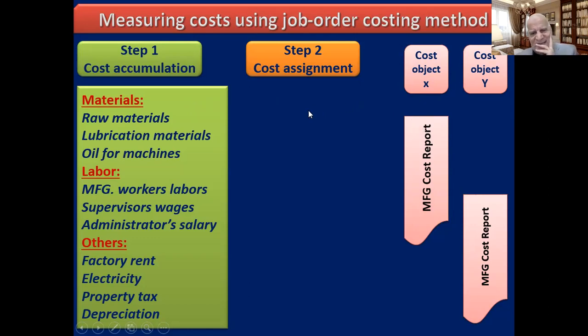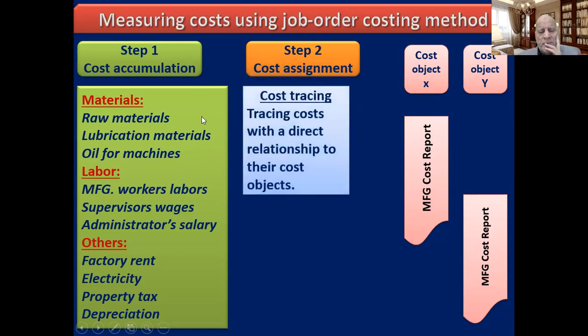When assigning these costs, we will find that costs are classified into 2 groups. The first group includes those cost items which have a relationship with a certain cost object.